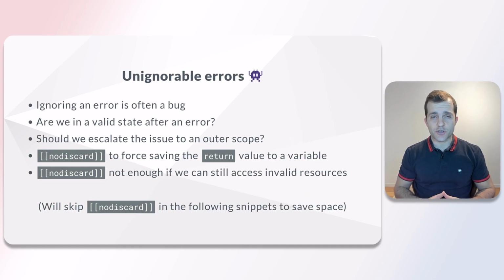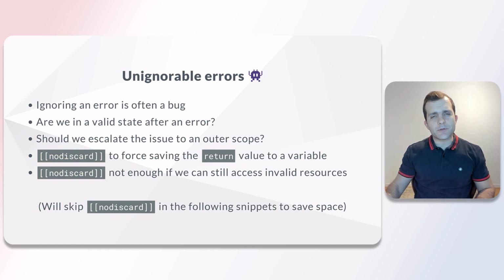If an error has occurred, then ignoring it is typically a bad idea. What should we do about it? Are we in a valid state? Should we escalate the error to the caller or a user interface? From a language syntax perspective, C++17 introduced the nodiscard attribute. Nodiscard induces a compilation error if the return value of a function is ignored.